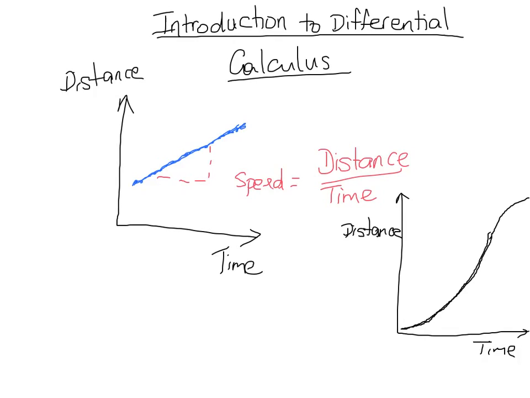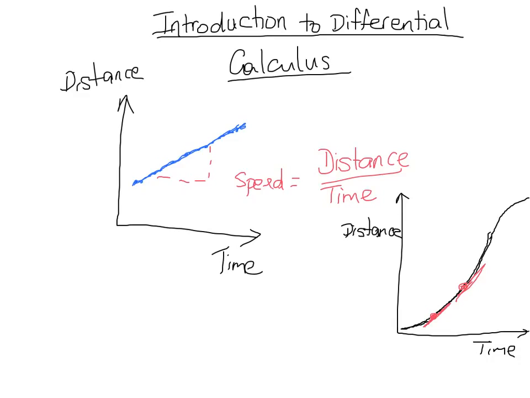But we want to be able to figure out slope at any point in time. So if I wanted to figure out the slope here, I could look at a line that goes here, or if I wanted to look at the slope here, but this is very complicated to try and figure out exactly what the slope is at teeny tiny points on a graph.